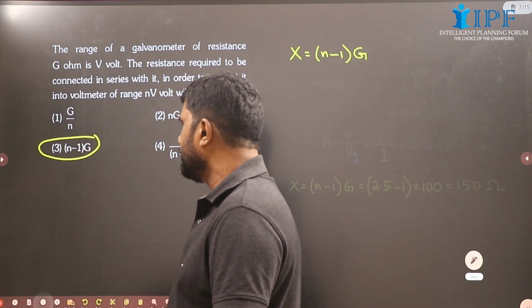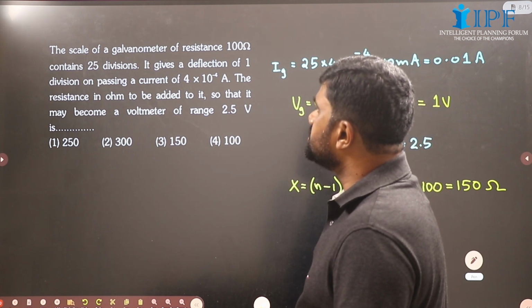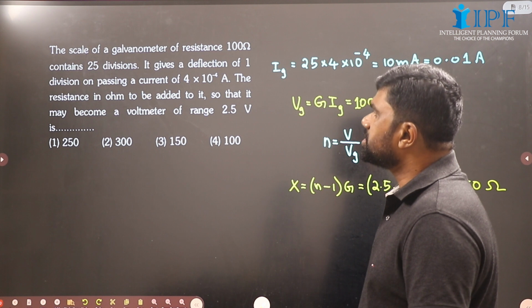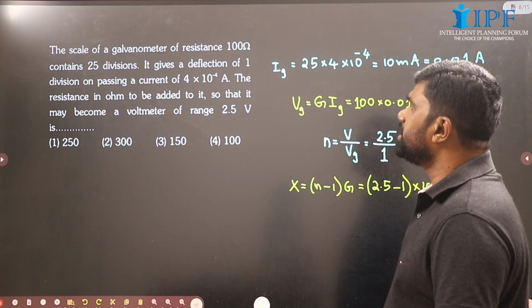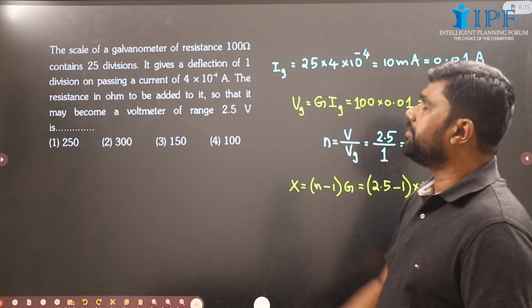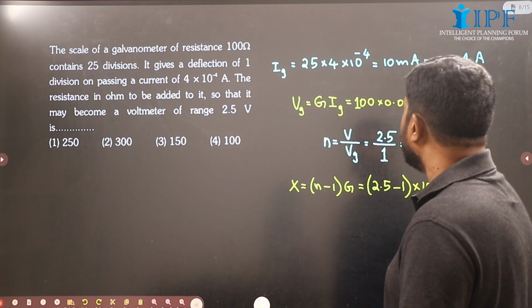Okay, now the scale of a galvanometer of resistance 100 ohm contains 25 divisions. It gives a deflection of 1 division on passing a current of 4 into 10 raised to minus 4 ampere. So the full scale deflection current will be 4 into 25, 100 into 10 raised to minus 4, that is 0.01 ampere.